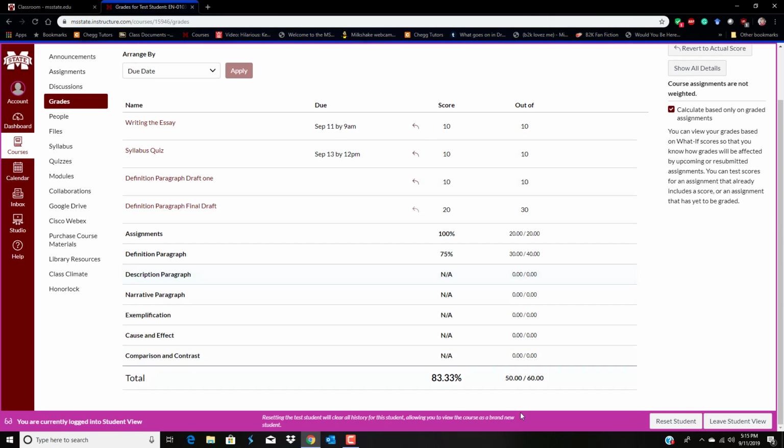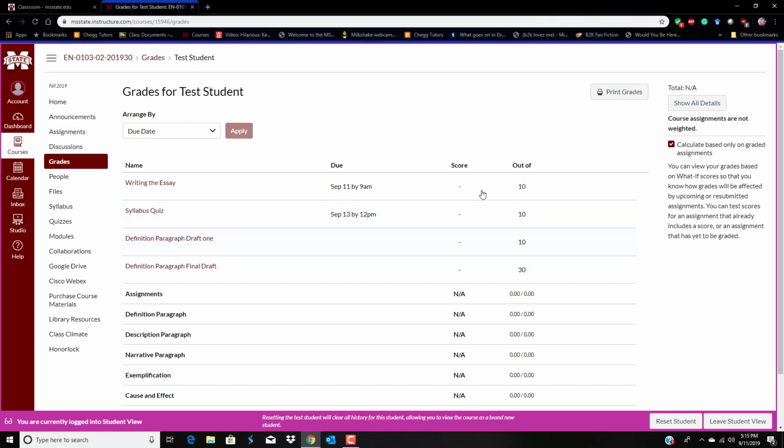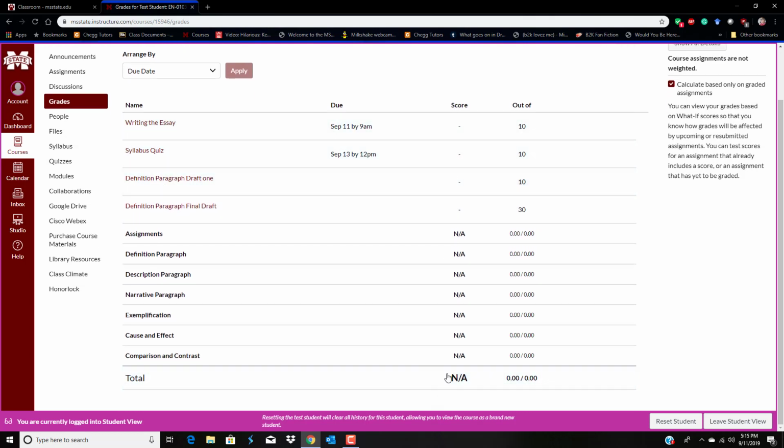And so once you do that, it'll give you your projected grade here at the bottom. So you've earned 50 out of 60 points, you have a C. So you can click here, it'll revert to your actual score. You don't actually change your grade here. Only person who is in charge of your grade here is me. Only I can do that.